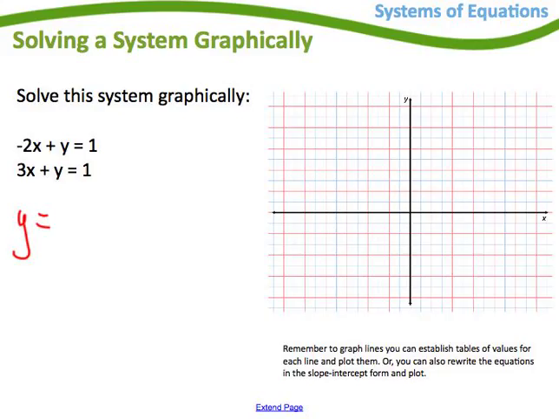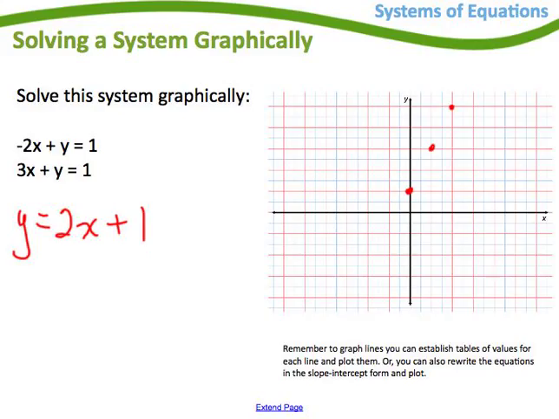Y equals, move the 2x over, it'll be a positive 2x plus 1. So my y-intercept is at a positive 1. Let's put 1 right there. And then my slope is 2 over 1. So I go up 2 and over 1. Up 2 and over 1. So my line looks something like that. That's for the first one.